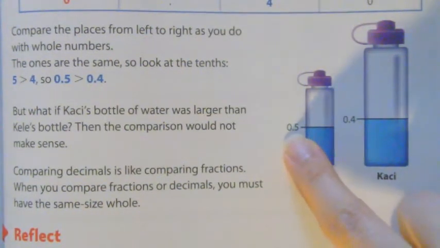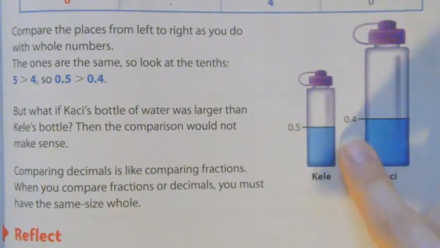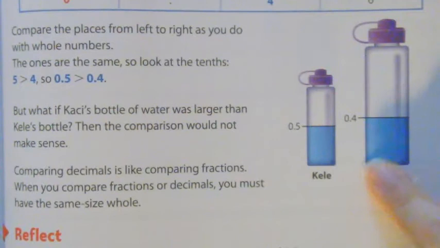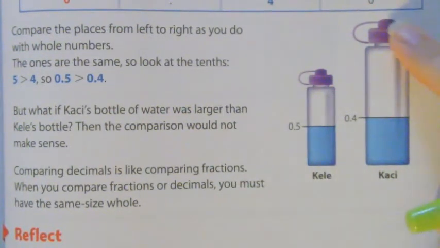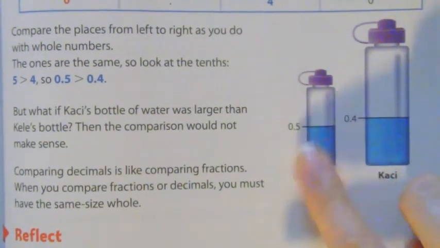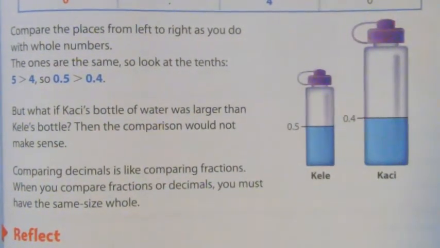Even though she drank 5/10 of her water bottle and Casey 4/10, I know number-wise it is less, but if you look at the volume of how much she had to drink, then this tells us that Casey actually was able to drink more. But we know that the numbers have to be out of the same size whole.